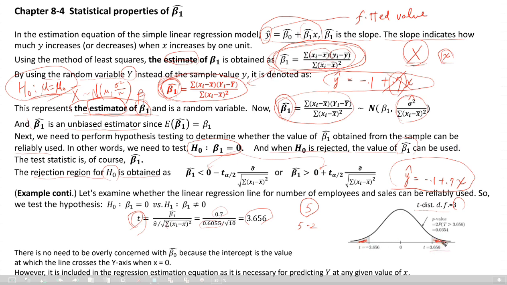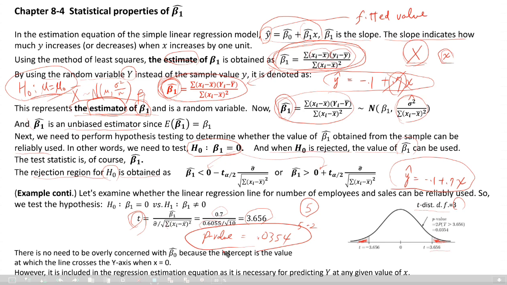That is 2 times the probability of t greater than 3.656, which is 0.0354. That is the p-value. In this case, of course, I calculated this by computer. So at p-value 3.54%, we reject H naught.